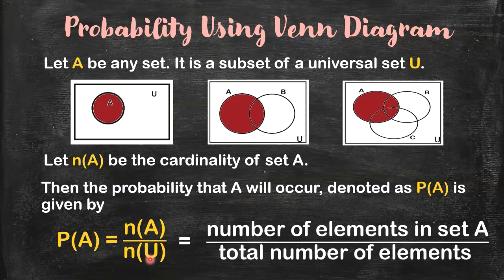So, ito yon. So, to get the probability that A will happen, all you have to do is to count the number of elements in the given set A, and then you divide it by the total number of elements in consideration. So, let's use this formula in getting probabilities.